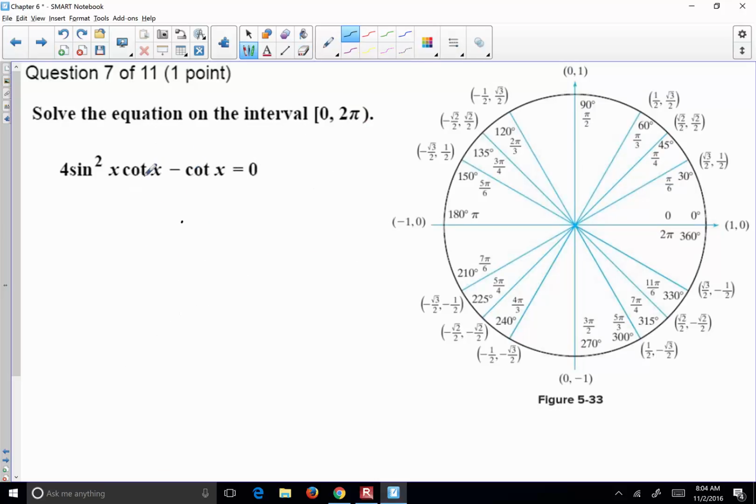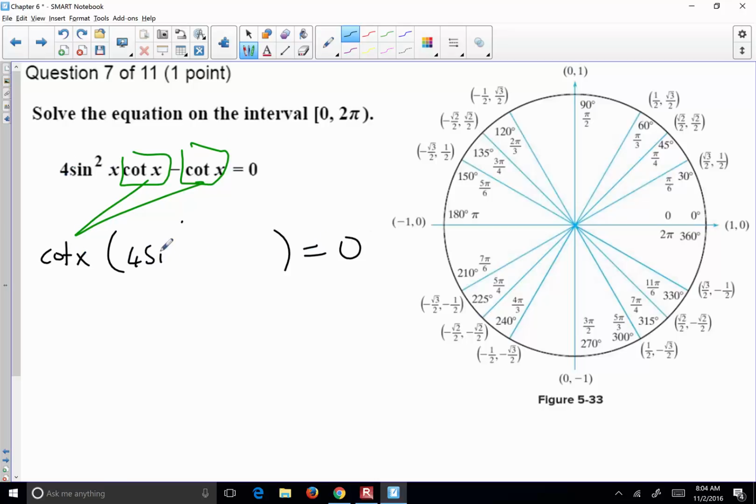Instead, you want to get rid of that cotangent next to sine squared. Factor it. Isn't cotangent common in both sides here? Factor cotangent out. Look what you have: 4 sine squared minus 1.